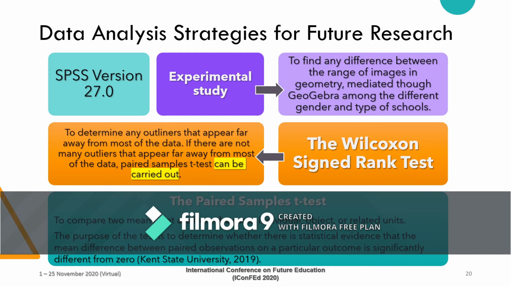If there are not many outliers, a paired samples t-test can be carried out. The paired samples t-test will be used to compare two means that are from the same individual, object or related units. The purpose of the test is to determine whether there is statistical evidence that the mean difference between paired observations on a particular outcome is significantly different from zero.